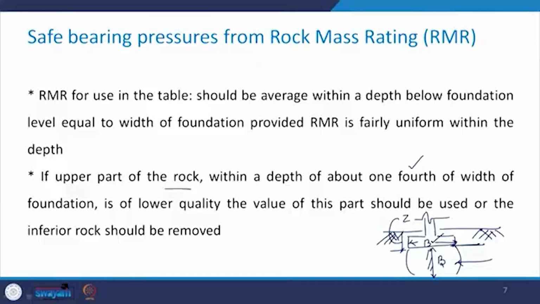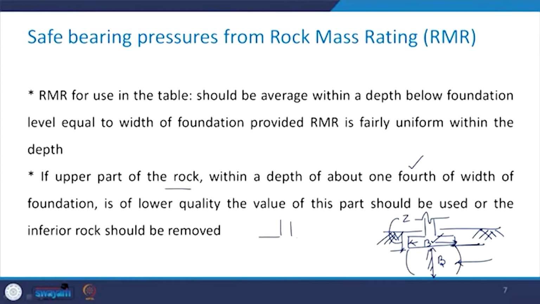Now, if the upper part of the rock within a depth of about 1/4 of the width of the foundation is of lower quality, then the RMR of this part should be used, or the inferior rock should be removed. Let us try to understand with the help of a figure again.